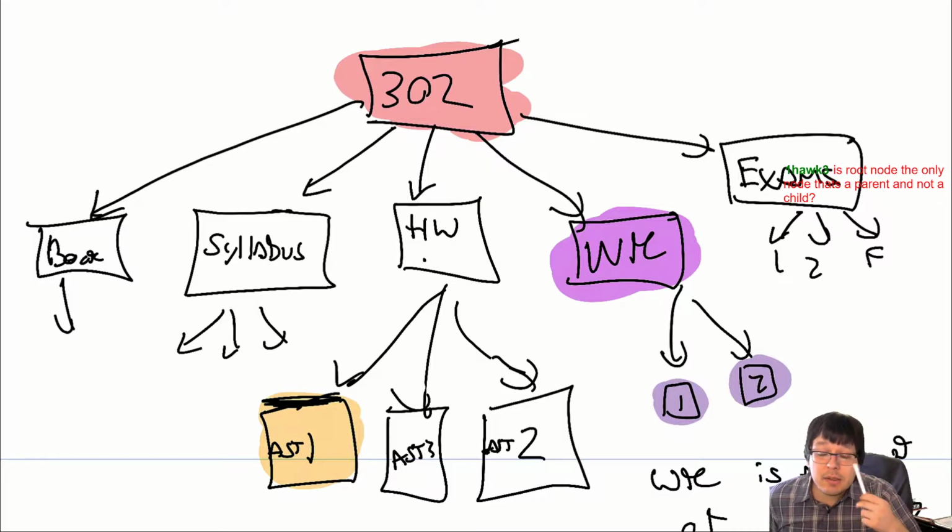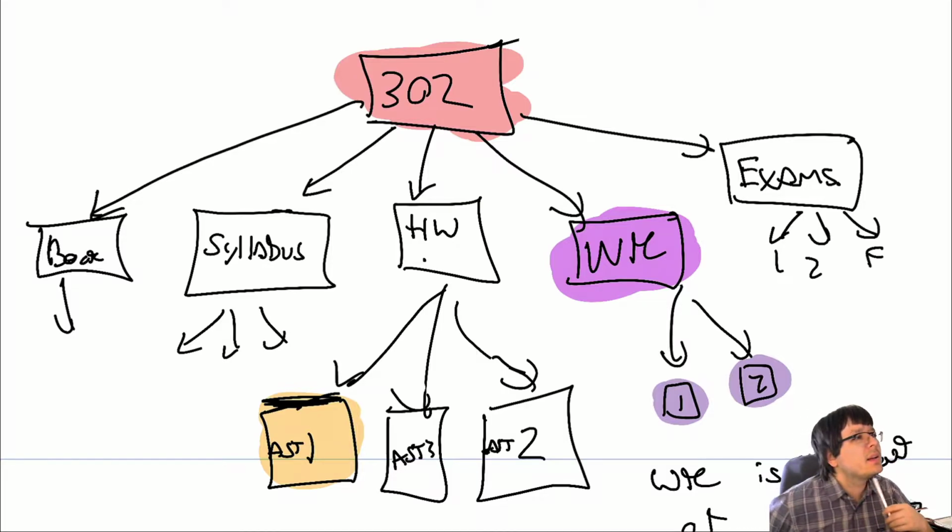Here, it's a little bit more intuitive that the parent is always pointing to the children, okay? Actually, I'm trying to think, when you implement it, you would say child parent equals, yeah, like that. All right, so we have, is the root node the only node that's a parent and not a child?